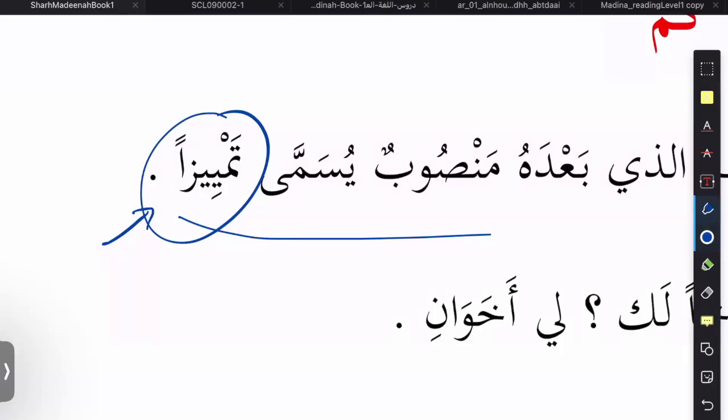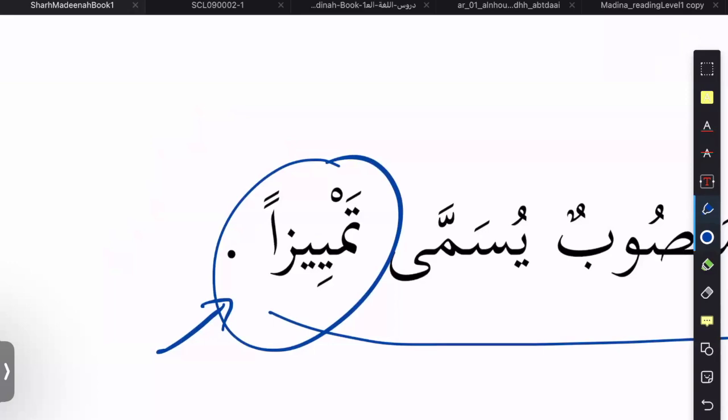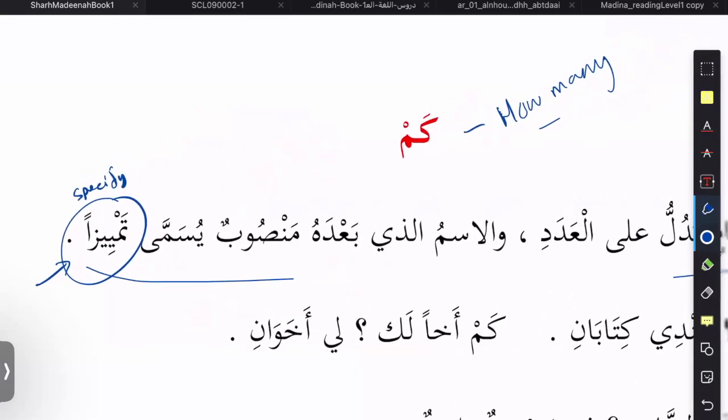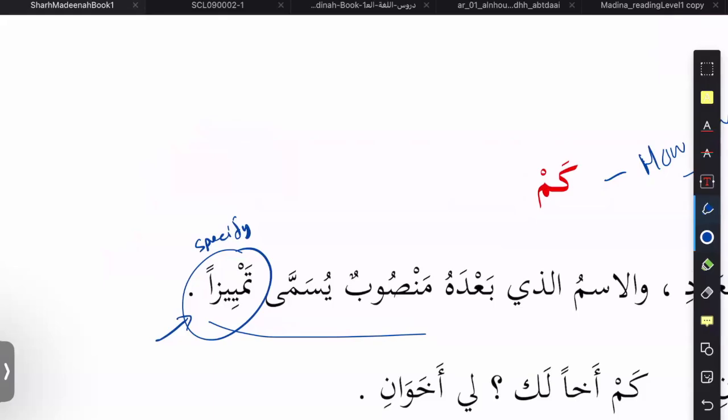Because what does tamyiz mean? Tamyiz is to clarify something, specify something. Meaning, if I say I have 3, okay, so you have 3, very good. 3 what? 3 houses, 3 cars, 3 sons, 3 pens. So whatever I say after 3, that would be a clarification.